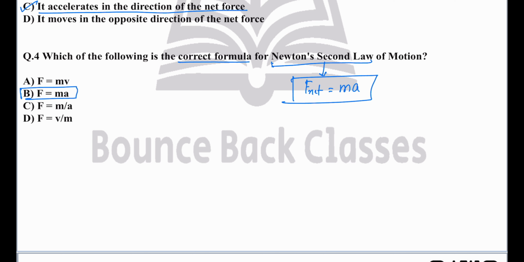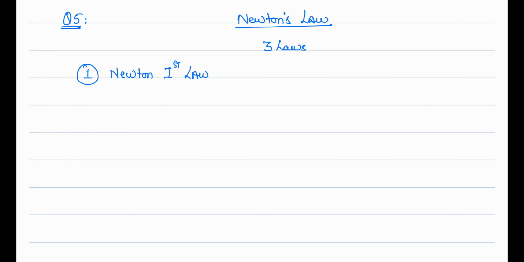Clear? Okay. Before I start question number 5, I just want to tell you Newton's laws. You should be aware of all the 3 laws. It has 3 laws. Okay, first, Newton's first law. What he said, try to understand.